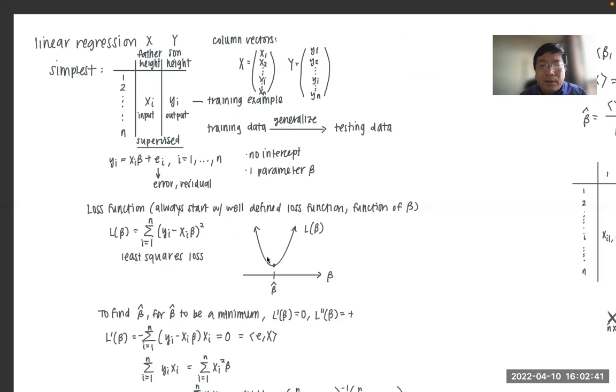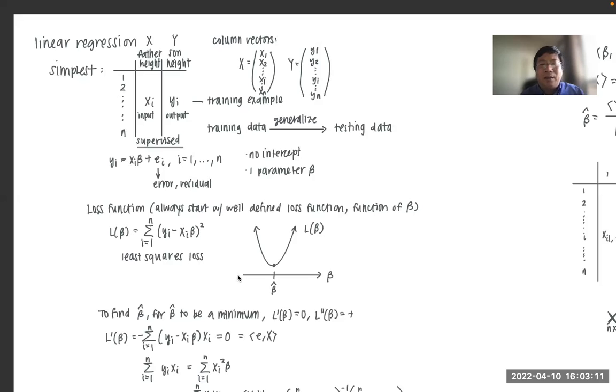And for this function, we know that there's a unique minimum, and this will be our estimate of beta, beta hat. Usually we put a hat on top of a parameter. We usually use a Latin letter for the unknown parameters in the model, and we put a hat on top of it, meaning that this is an estimate computed from the training data, because the loss function is defined by the training data.